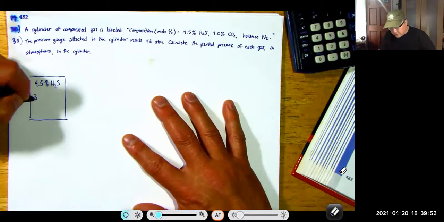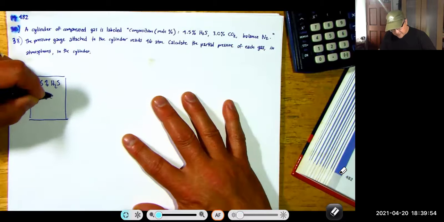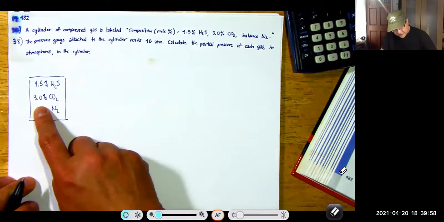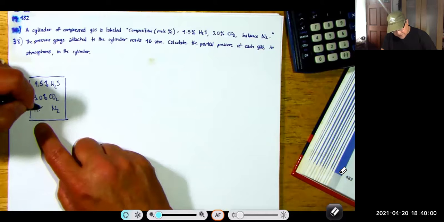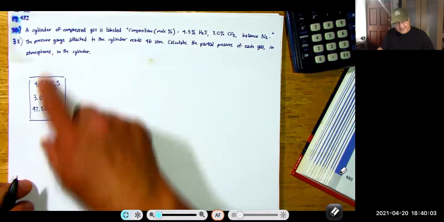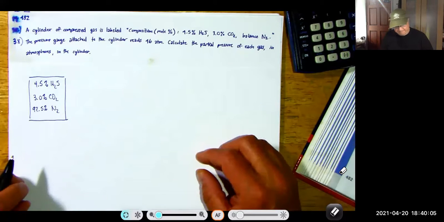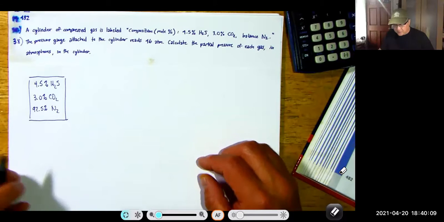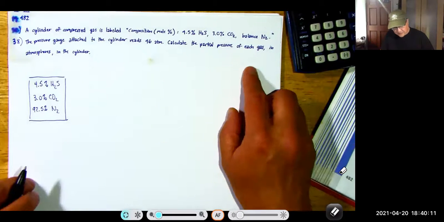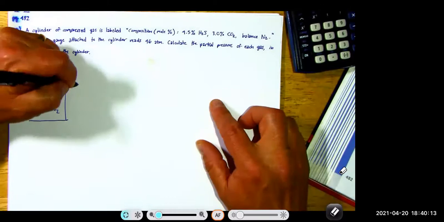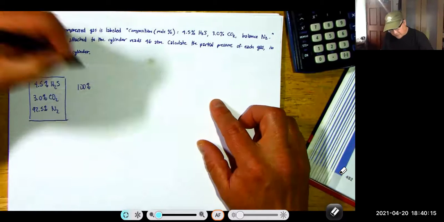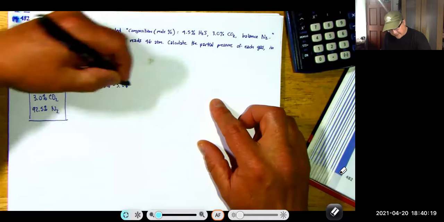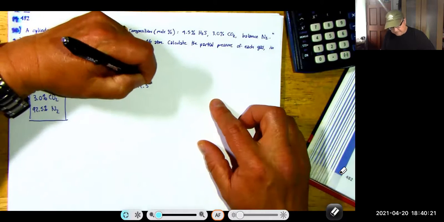It's 3.0% CO2. And the balance is N2. So to get the balance, it's going to be 92.5%, because these percentages need to add up to 100. Okay, so that's what they mean by the balance N2. You basically take 100% exactly, minus 4.5% and minus 3.0%, and you get 92.5%.